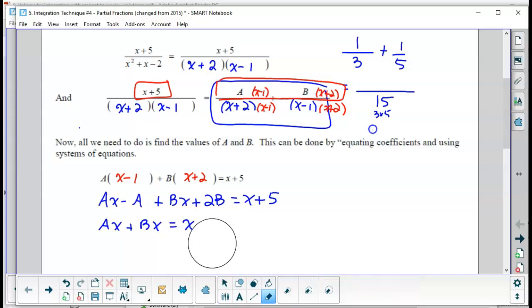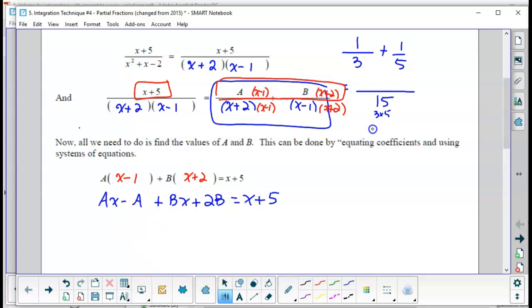Actually, I'm going to just group them first within this. So Ax + Bx, then −A + 2B. Then you can see if you factor out an x, you have (A + B)x.